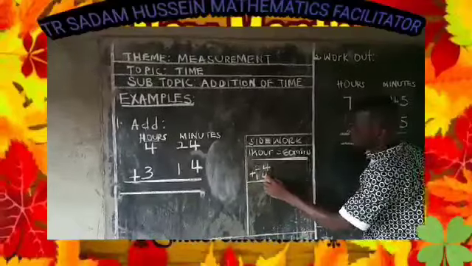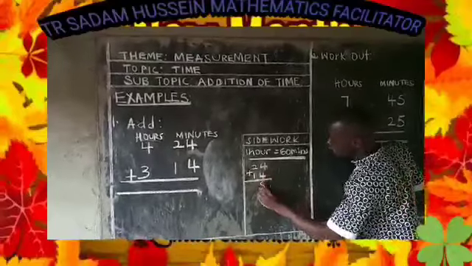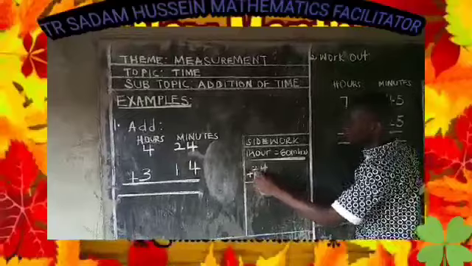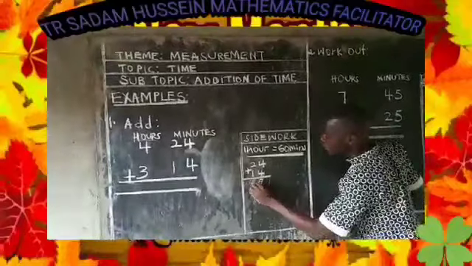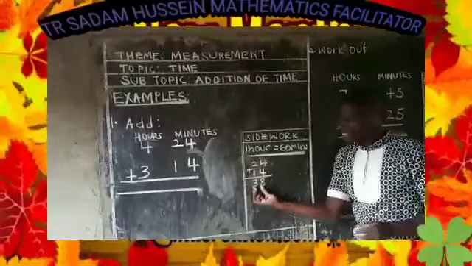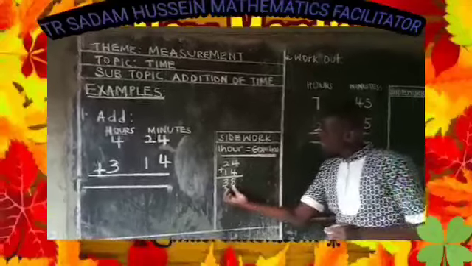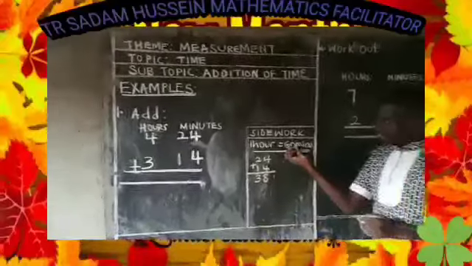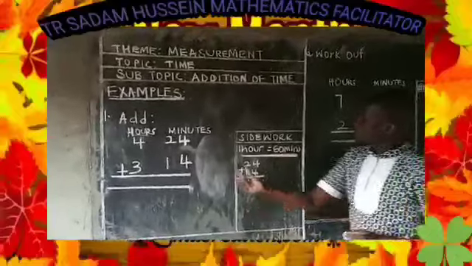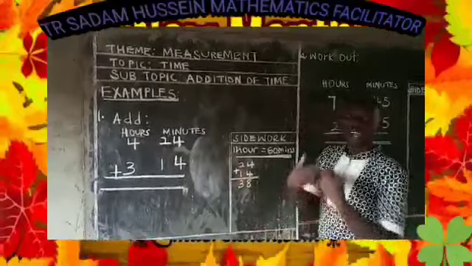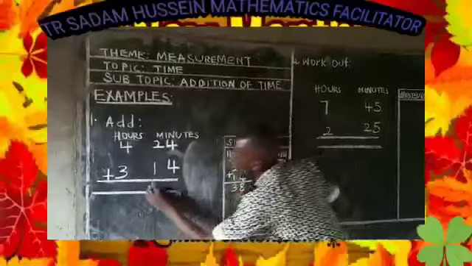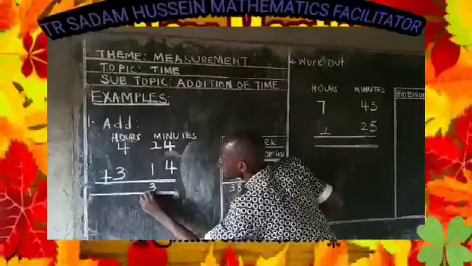So 4 plus 4 gives you 8. Then 2 plus 1 gives you 3. Now when you look at this 38, compare 38 and 60. You realize that 38 is smaller than 60. Therefore, you can write it under the minutes because it has not yet made an hour. So you get 38 and write it here as 38.